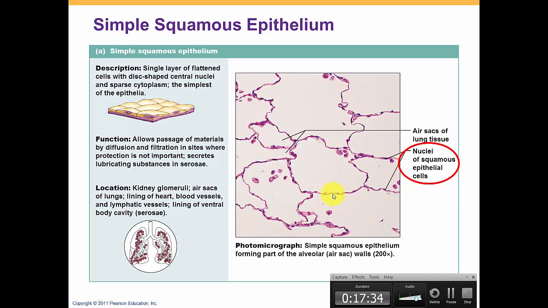So this is a nucleus, that's a nucleus, that's a nucleus. So these are all three different cells in this area. And as you can see, they're very thin, so the gas exchange can occur very easily between blood vessels, that looks like a blood vessel here, and the alveoli.